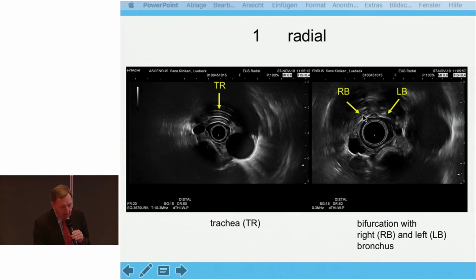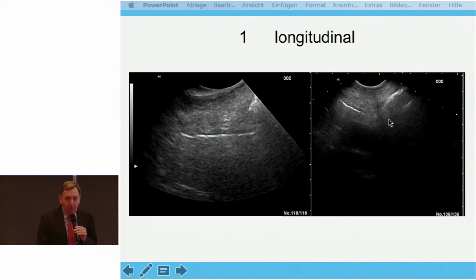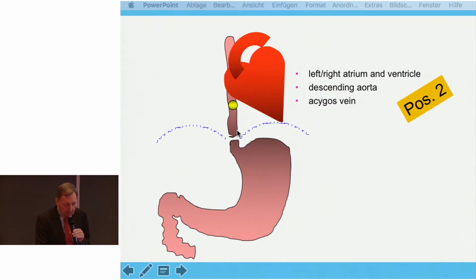On the right side you see the right bronchus, on the left side you see the left bronchus with a very typical reflex. For the bronchus it's as well very typical that you have no reverberation artifacts, you have only air-filled lumen, and you have a very small echo-poor wall. So this is a differentiation to the trachea.